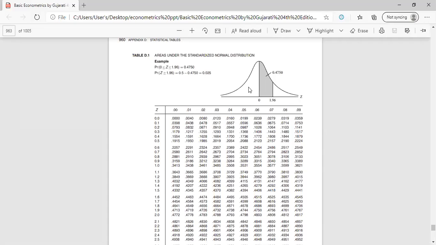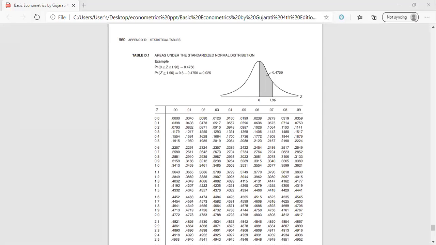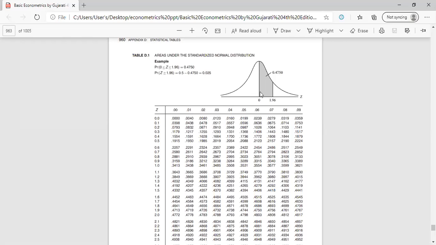What is the probability of that area? 0.5. Then I found the probability that z lies between 0 and 2.5, not 1.6 but 2.5.